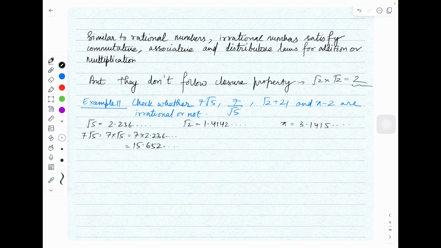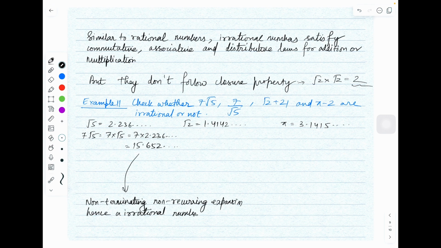So this is a non-terminating, non-recurring expansion, hence an irrational number. See, 2.236, the value of root 5, is non-terminating, non-recurring.